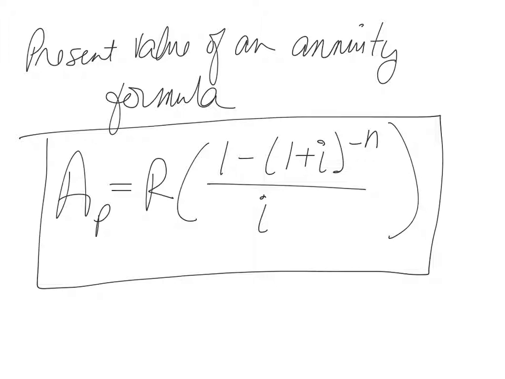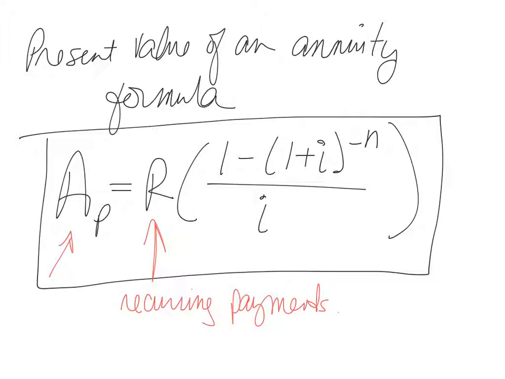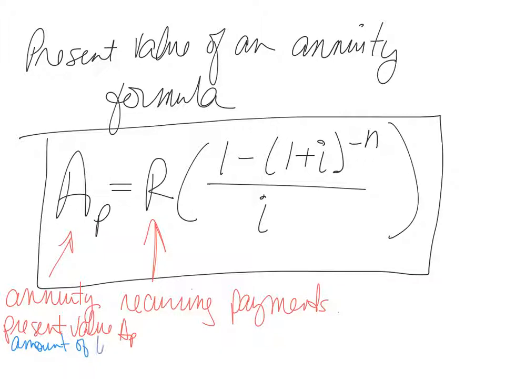When a bank or a car dealer makes a loan that is to be repaid with recurring payments R, these right here are our recurring payments, then the payments form an annuity whose present value A sub P is the amount of the loan.